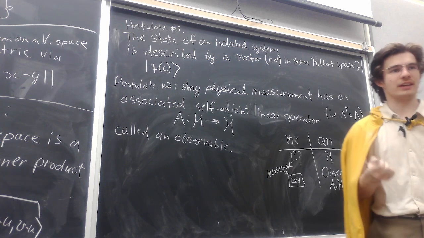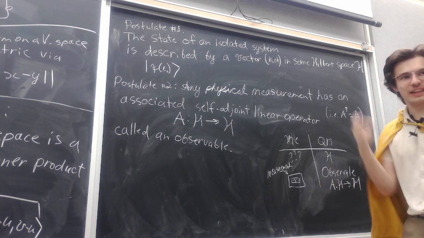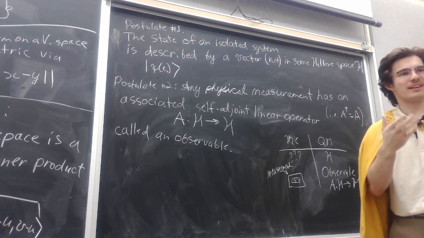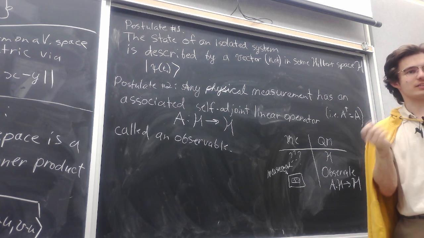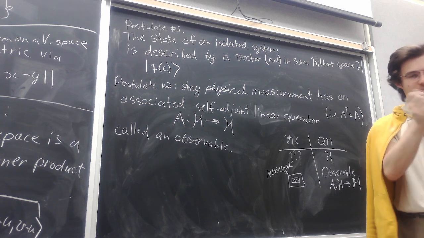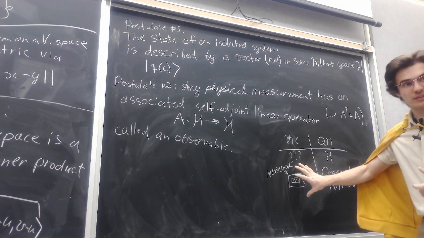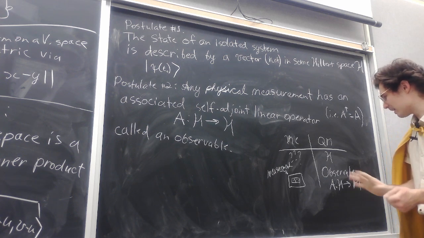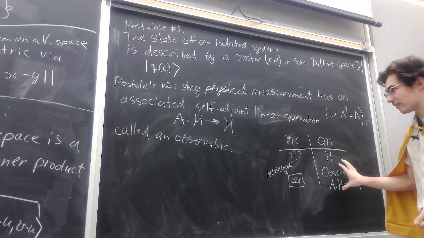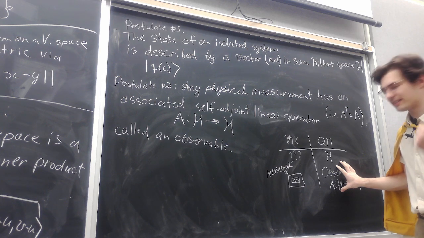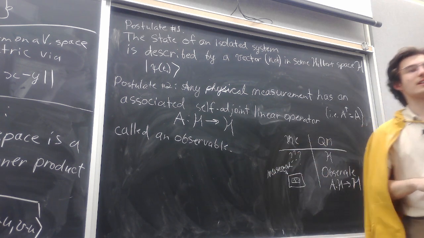By associated, I mean they're related in the sense that I can just match them, not in the sense of any mathematical relation. Meaning that if I have some process of measuring something, then there must be a self-adjoint linear operator that I can say is associated to this measurement. And how it's associated to this measurement, I'll say in a moment.